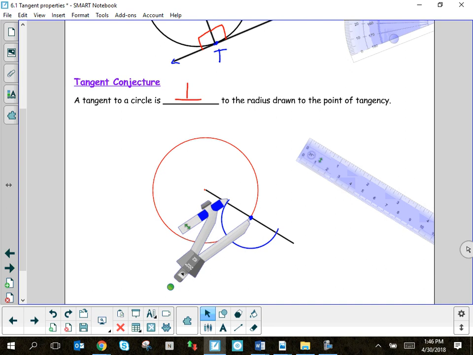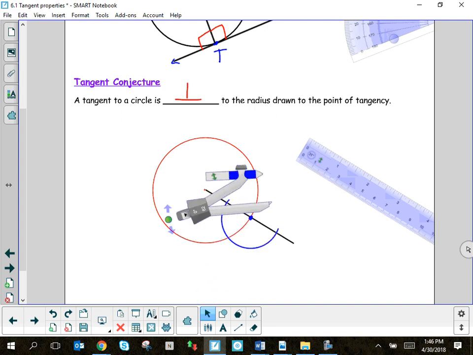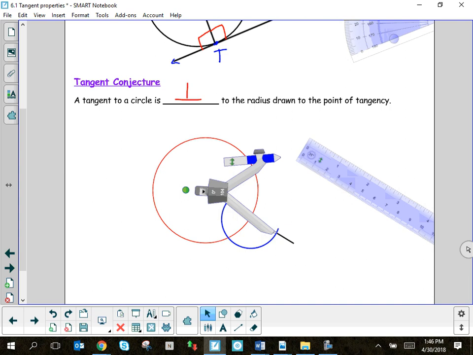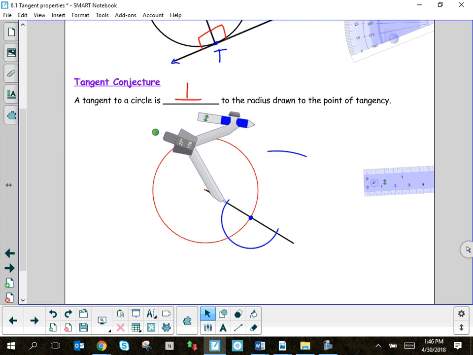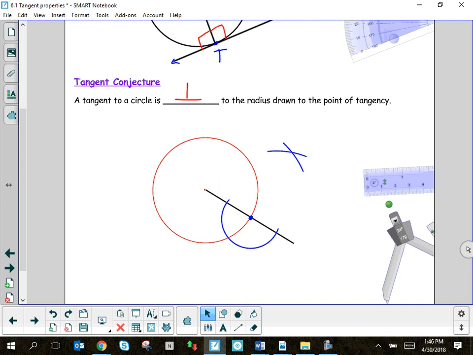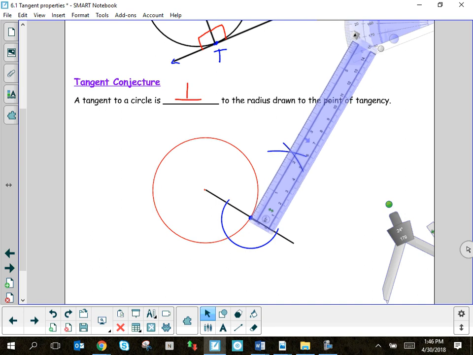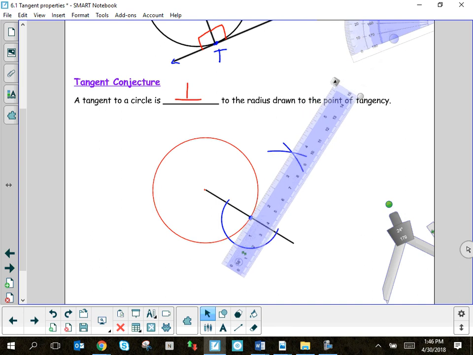That's terminology that I use, so you can try to remember it. Extend the compass, and let's make an arc way up here. Then put it on the other side over here where the circle touches that line, make another arc. Now get your ruler and connect there. And so that should be on point a perpendicular.